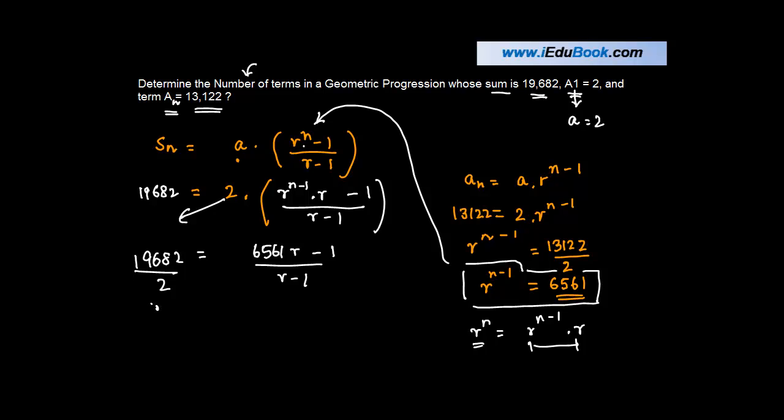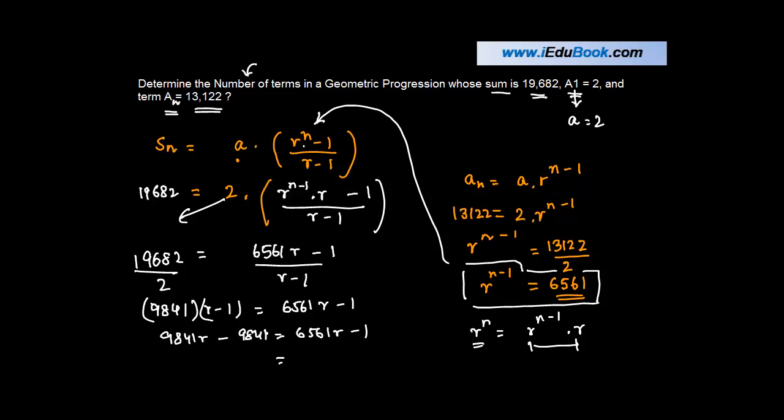This will give me how much? 9841. So 9841 times r minus 1 is equal to 6561 r minus 1. Or I can just write this as 9841r minus 9841 is equal to 6561r minus 1.